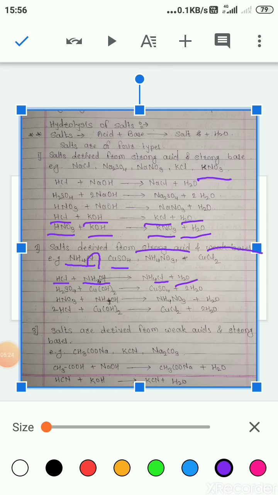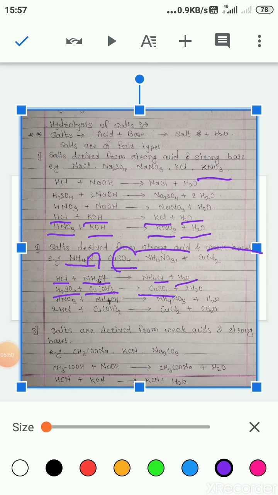In the same way, copper sulfate. The sulfate is from sulfuric acid and copper from cupric hydroxide. Therefore, sulfuric acid plus cupric hydroxide. The formula for cupric hydroxide is Cu(OH)2.